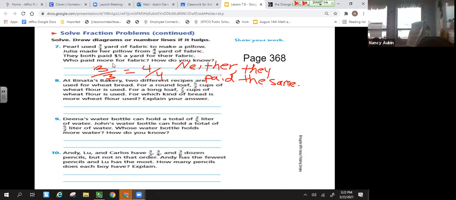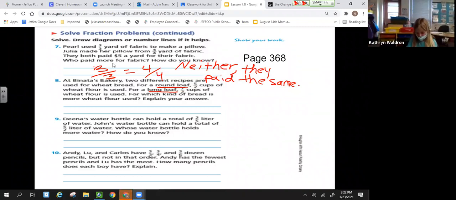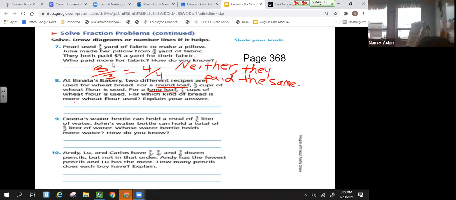All right, Katie, what about number 8? What did you and Reese get? Which kind of bread used more wheat flour? Was it the long loaf or the round loaf? It was 7/2. Okay, which loaf used 7/2?